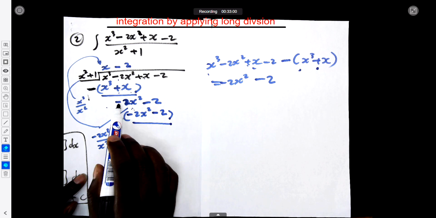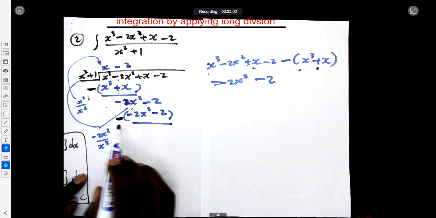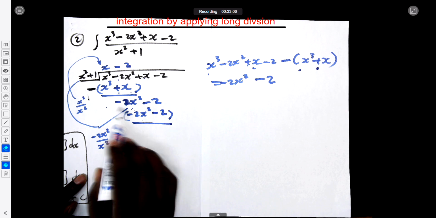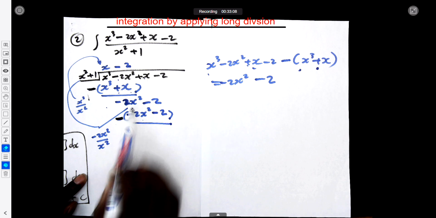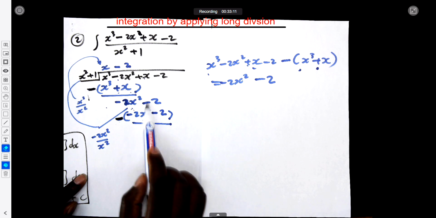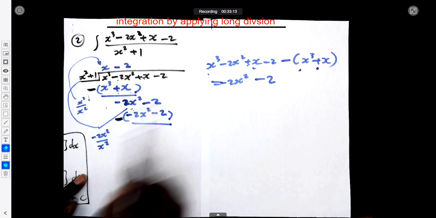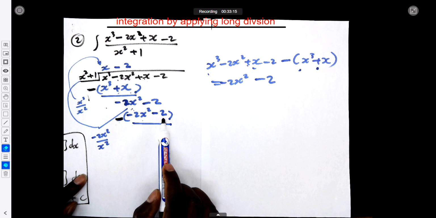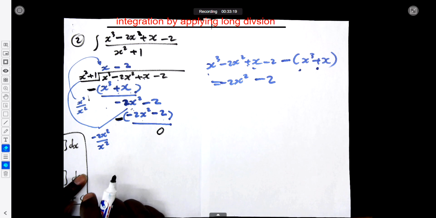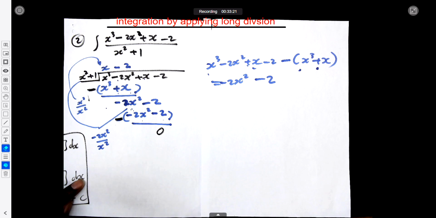So we're going to say negative 2x squared plus 2x squared, so it's 0. Then minus 2, does it have a like term here? Plus 2, so we get 0.